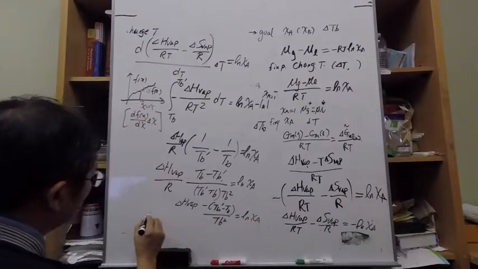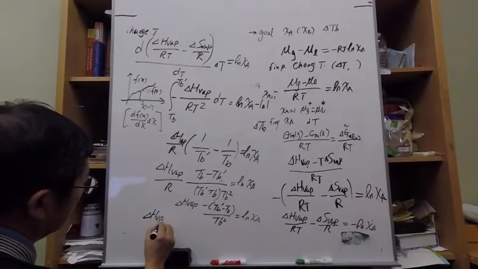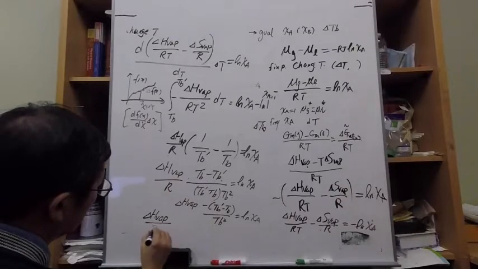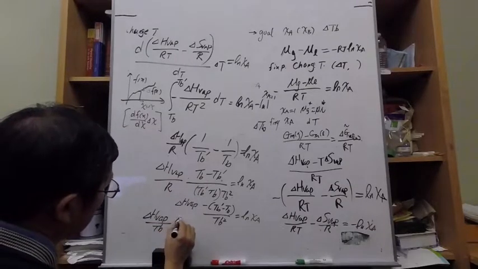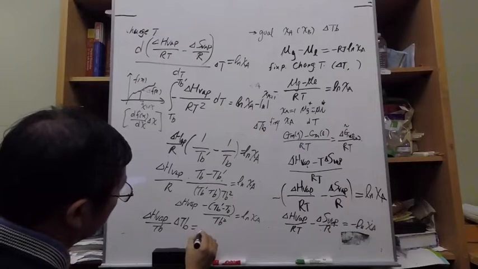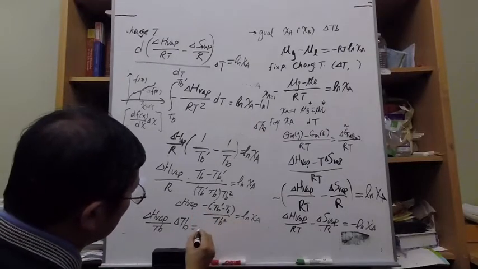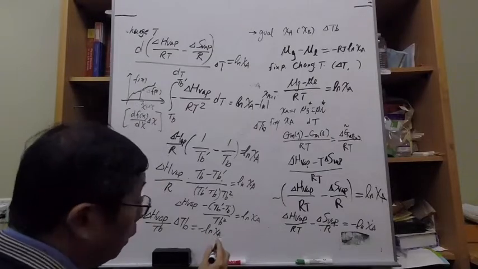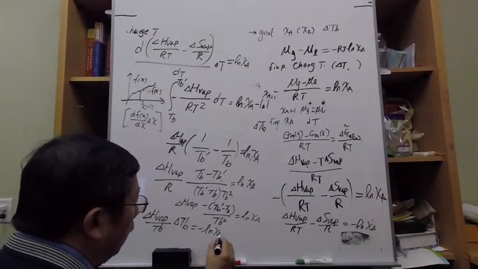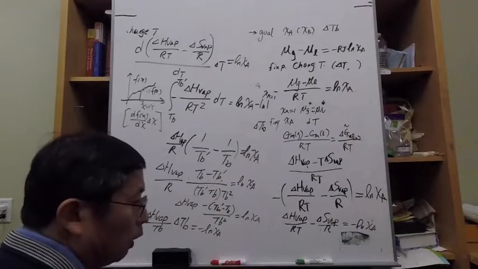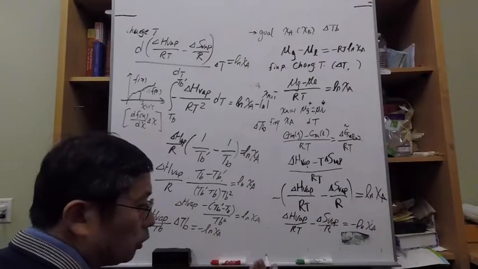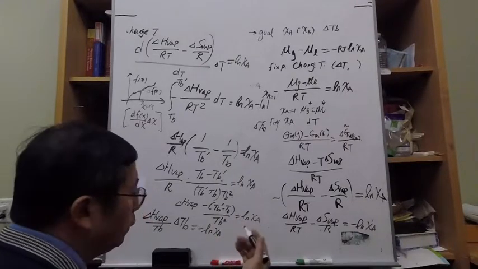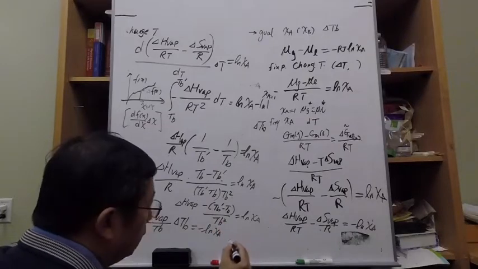If we keep writing this, it becomes more or less like this: delta TB equals, moving the negative sign over here, natural log XA. Now in the textbook, XA is the solvent molar fraction. You can always express it in terms of the solute as 1 minus XB.